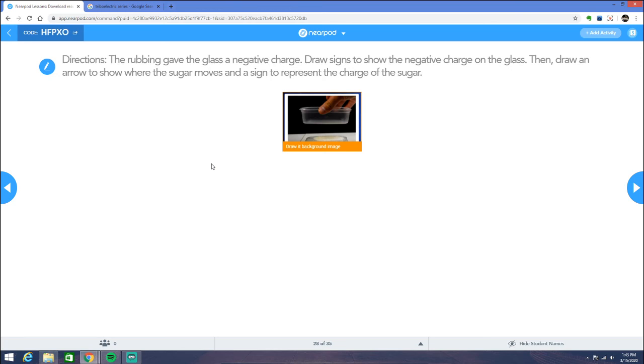So I repeat, your glass is going to have a negative charge. You're going to draw an arrow to show where the sugar moved, and then draw what kind of charge the sugar has.